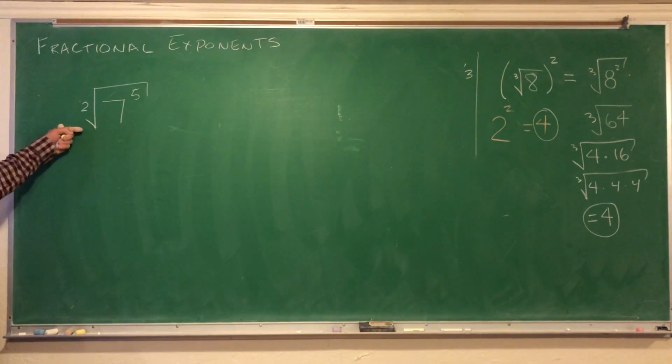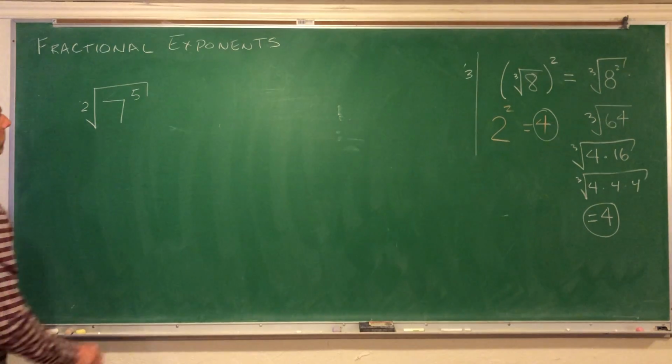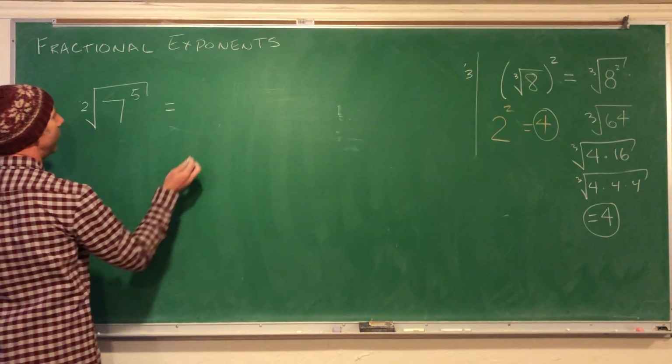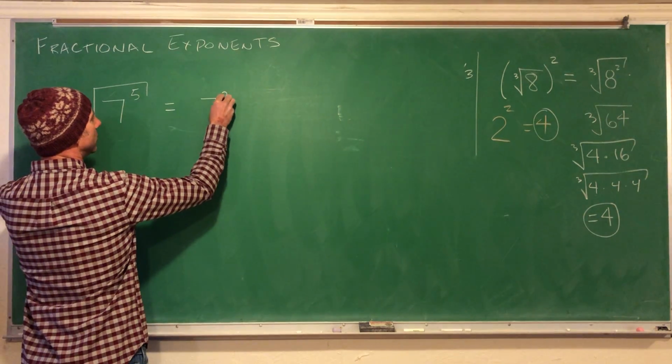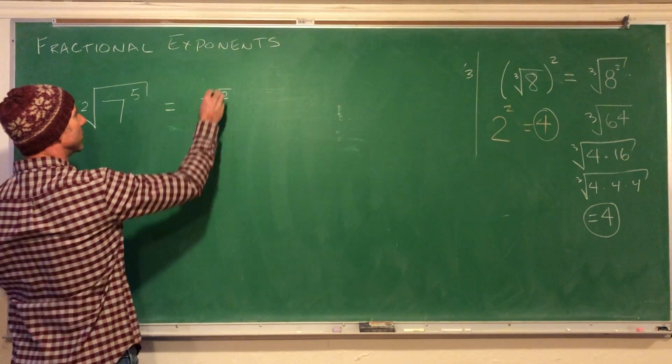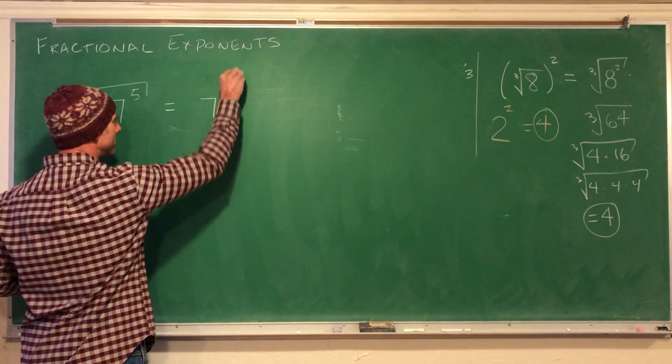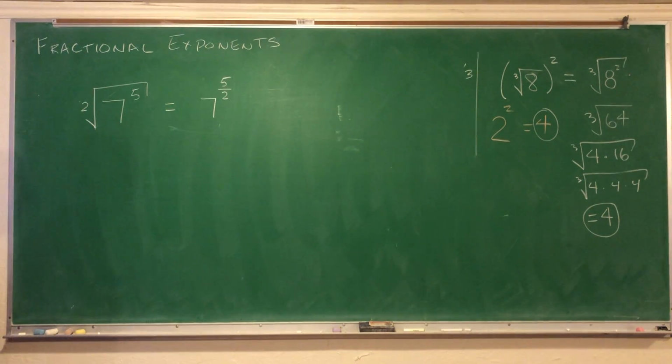Write this as a fractional exponent. It's going to be 7. This guy out here is my denominator, and this guy up here is my numerator. 7 to the 2/5.